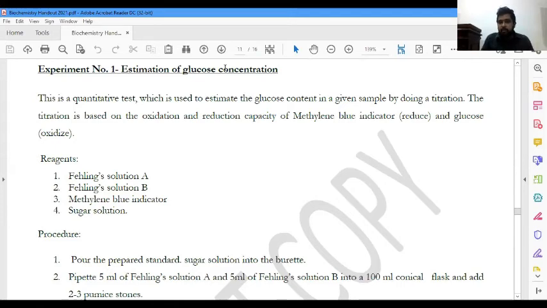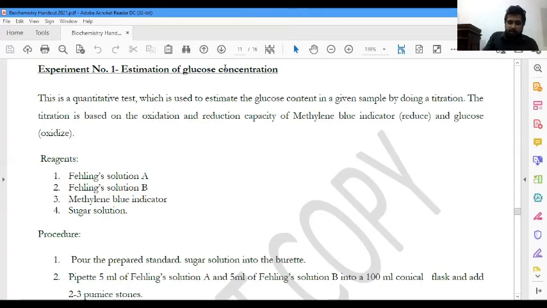So in this experiment, when we estimate the glucose concentration, we assume that the only reducing sugar in the sample is glucose. Okay, but we do this test for samples that are high in glucose, but there can be other types of reducing sugars also. So that's a kind of drawback in this test.